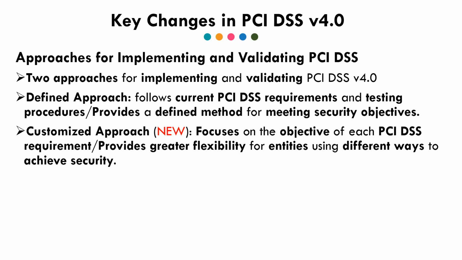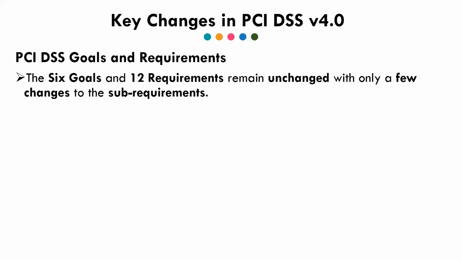So if you don't take anything else away from today's meeting, you should know that version 4 has two approaches to validation and implementation, and all the other versions, like version 3.2.1, have only one, right?